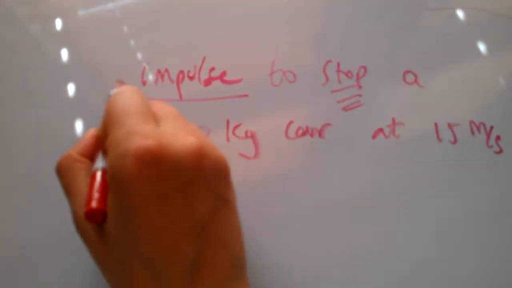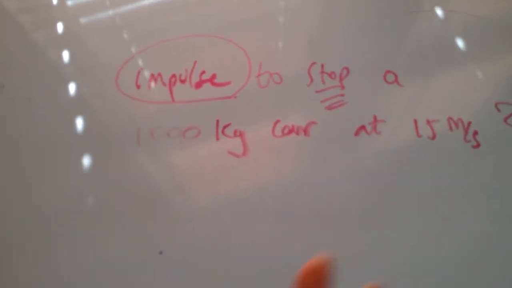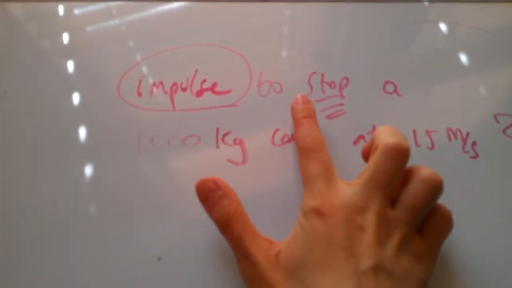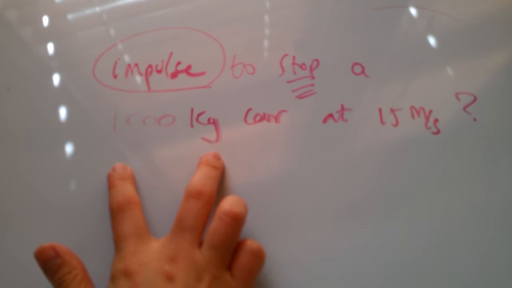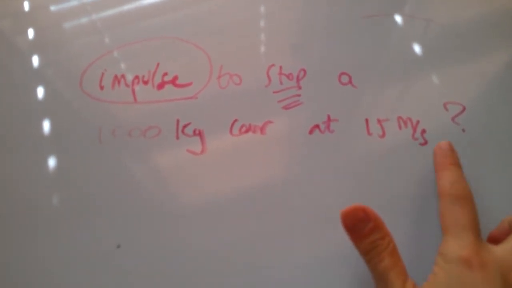So I'm looking for the impulse that I have to exert on the car so that I stop this car of 1 ton, like 1,000 kilograms, at 15 meters per second.